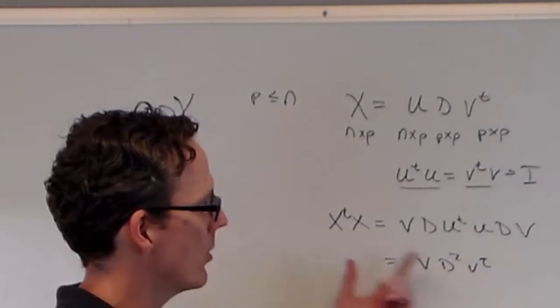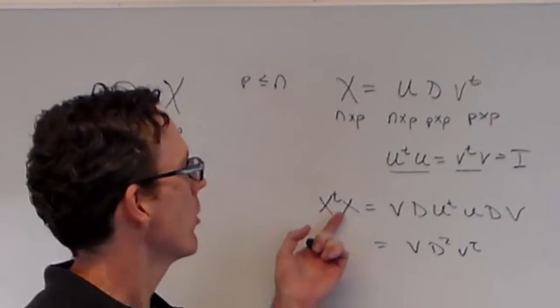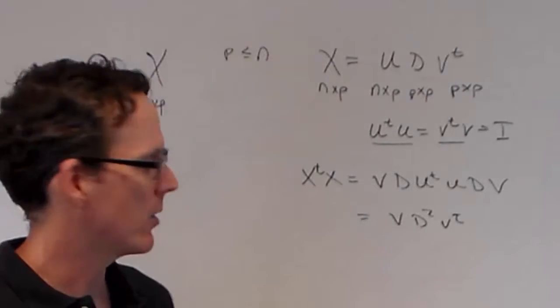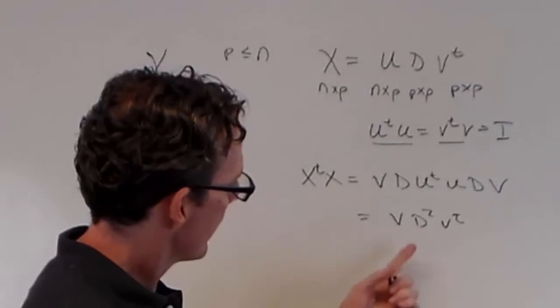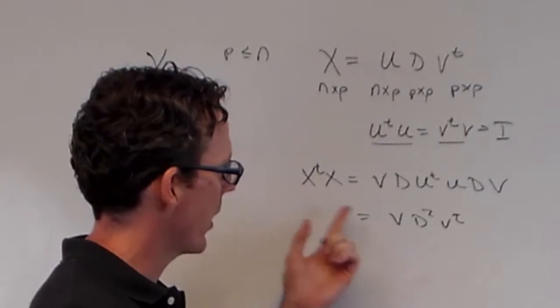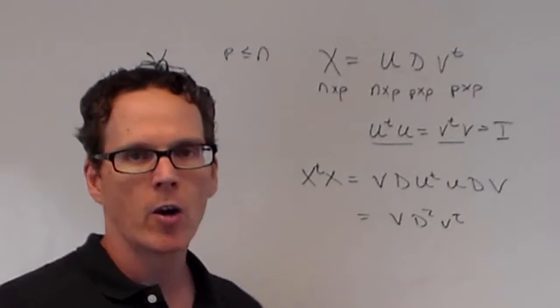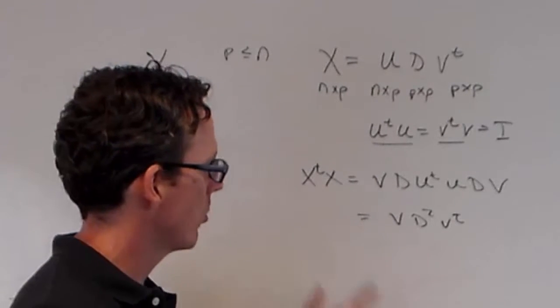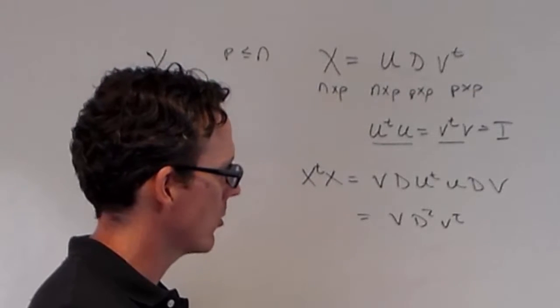So the eigenvalue decomposition of x transpose x is related to the singular value decomposition of x by itself. The squared singular values, the eigenvalues from the eigenvalue decomposition, help summarize the variance in the x transpose x matrix, which is itself a variance-covariance matrix.